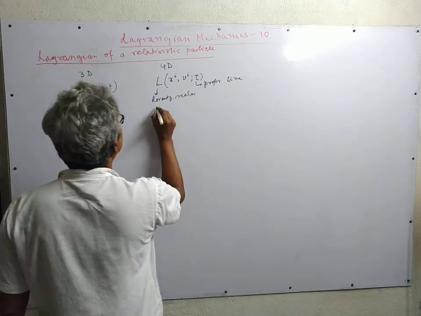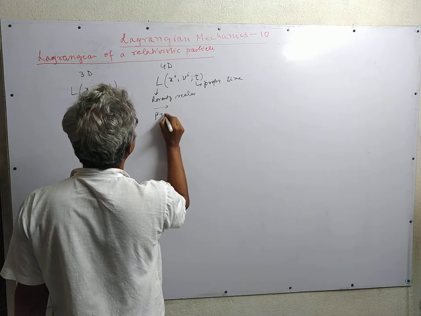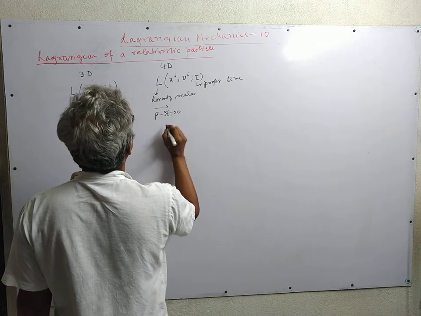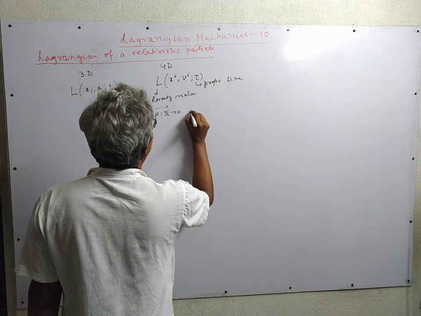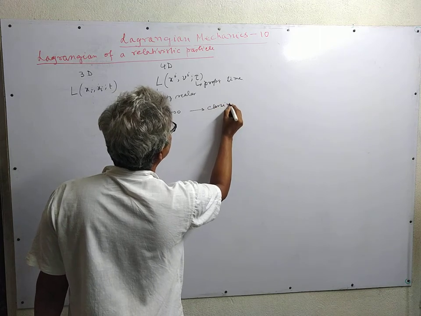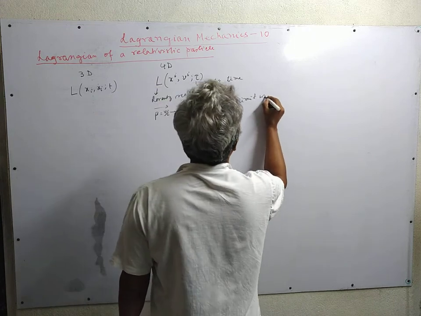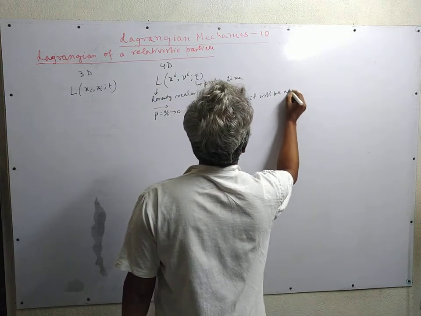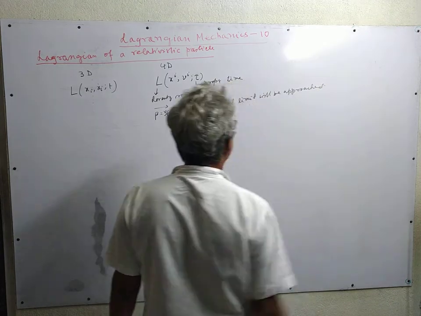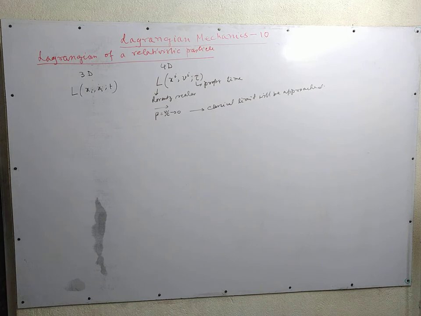Furthermore, as beta, which is v by c, tends to 0, the classical limit will be approached. These are the primary ideas that we have from beforehand.